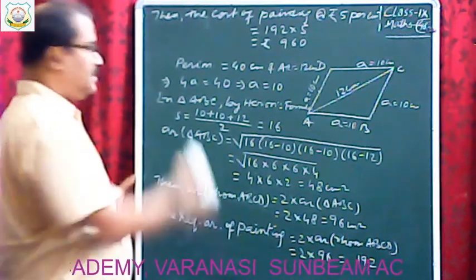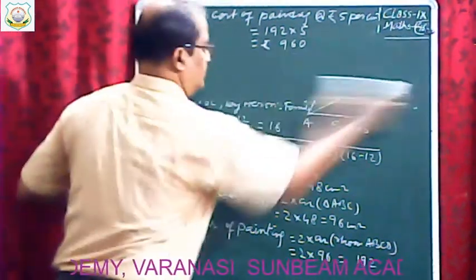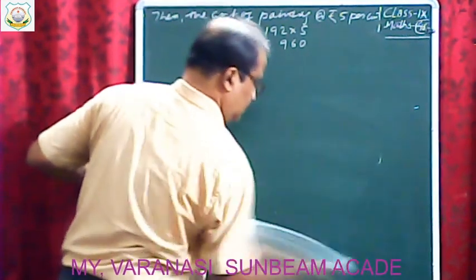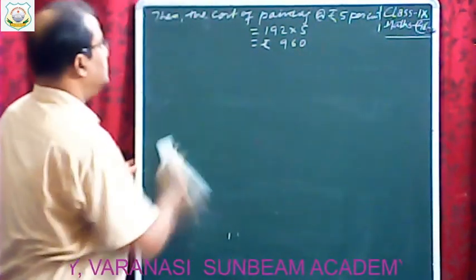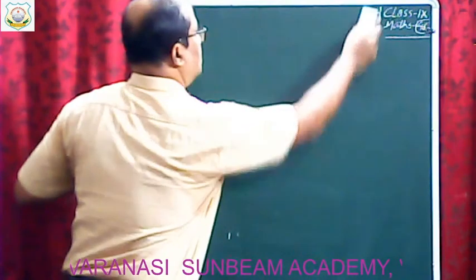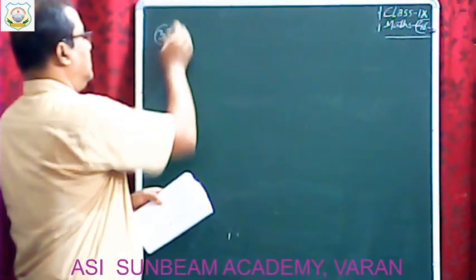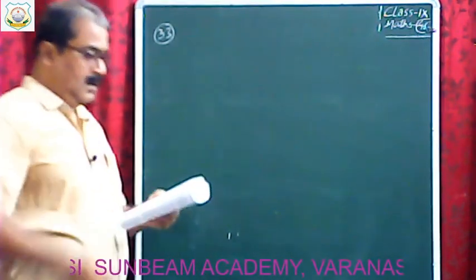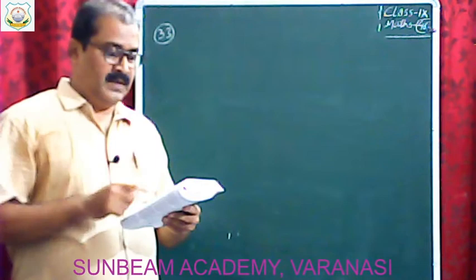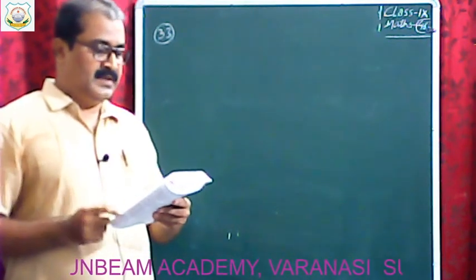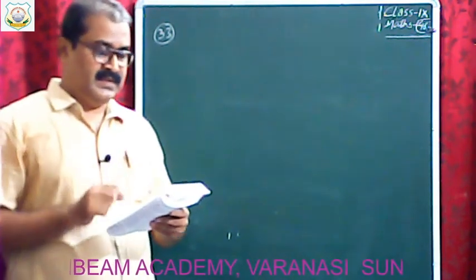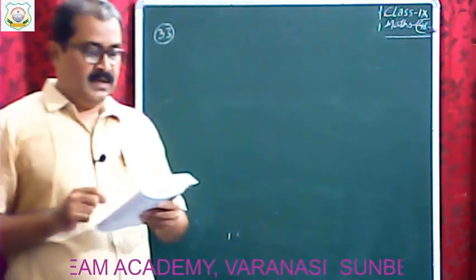Now come to the next. One technical question is given, that is question number 33. Let's see. The difference between the semi-perimeter and the sides of a triangle ABC are 8 cm, 7 cm and 5 cm respectively.